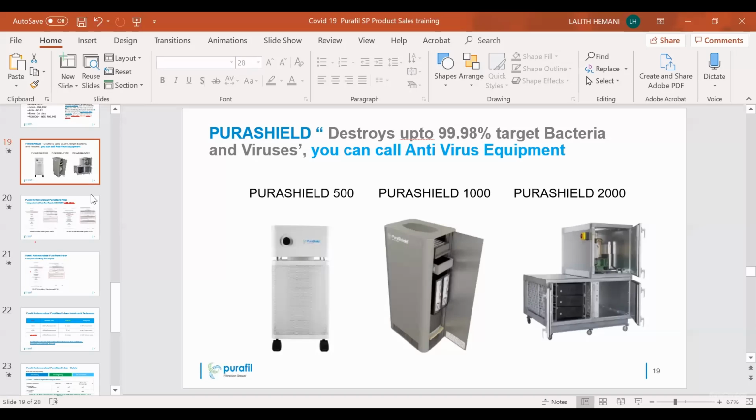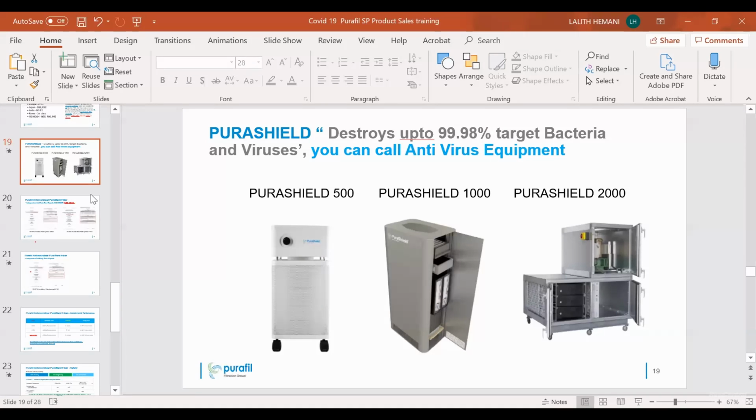One more thing, this also depends on the number of people in a particular room. When we have a densely populated room, then we have to install more equipment.